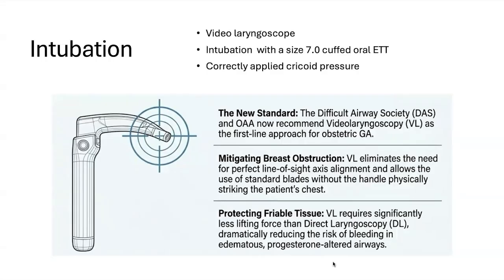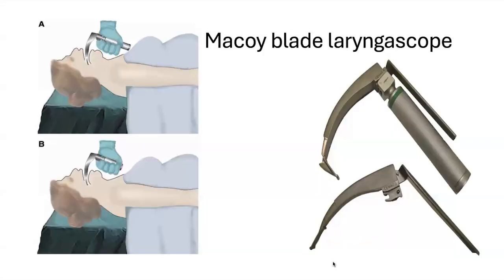Also, when you're using force to overcome breast obstruction, you can injure the oral cavity because it is usually very fragile and edematous. That can be prevented with a video laryngoscope. But in our setup, we don't have video laryngoscopes everywhere, so we may have to go for the conventional laryngoscope.